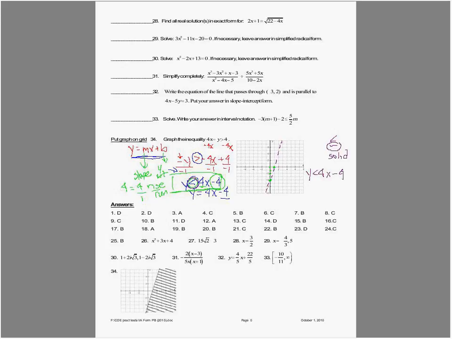So if you pick any point on this line, say you pick this point right here, we want our y's to be less than that, okay? So that's going to be down. So anything less than this line is going to be included in this less than. That's why we shade this. If our y's had been greater than, then we would have shaded the other side, because you'd pick any point on that line and go up.